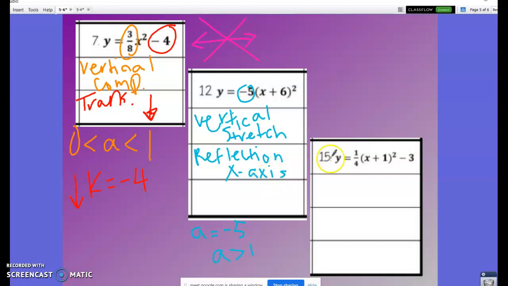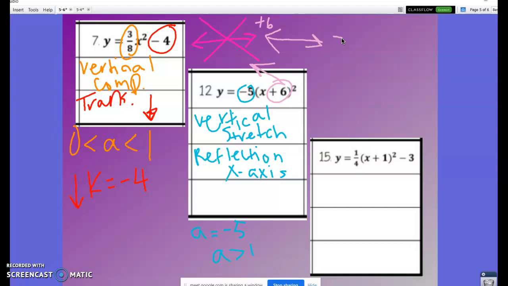So now I'm looking inside the parentheses at the plus 6, and that plus 6, since it's inside, it's going to tell me a left or a right because it's inside the parentheses. Now this is the only tricky one because you want to think that plus 6 tells you to go to the right, but plus is actually going to tell us to go to the left. Minus tells us to go to the right.